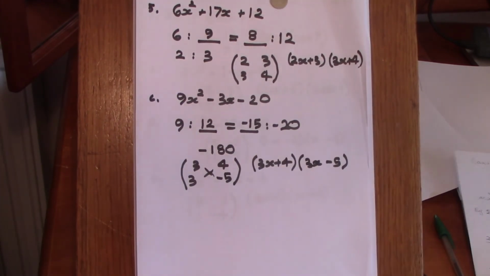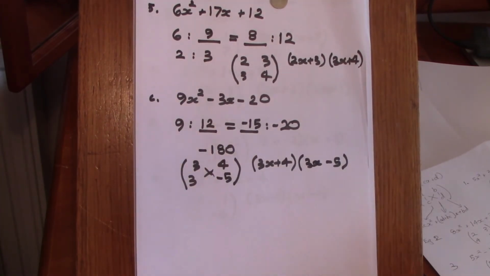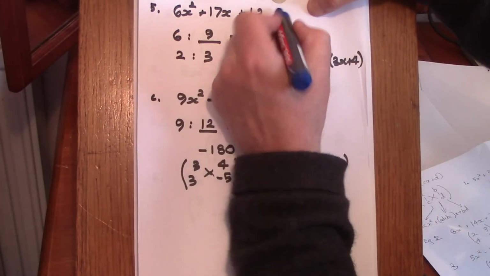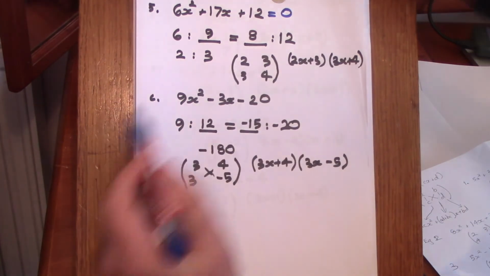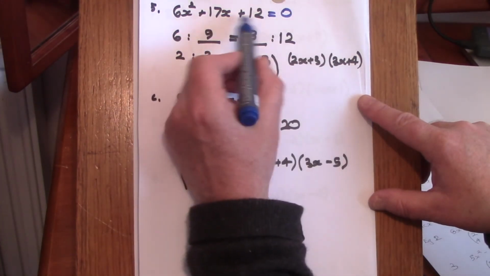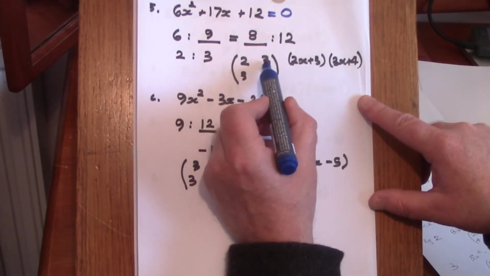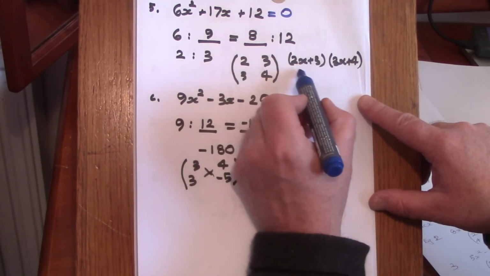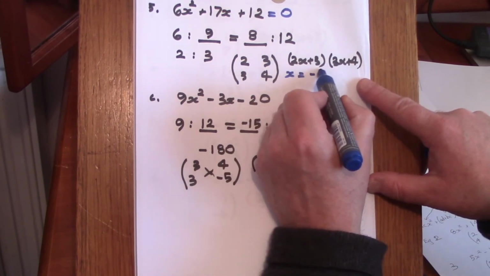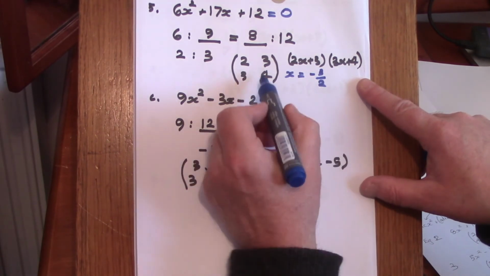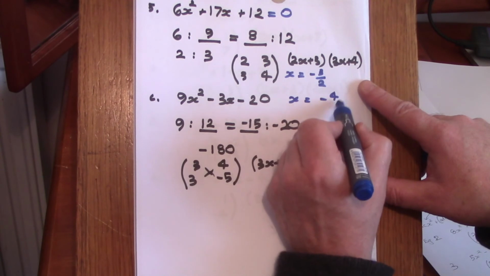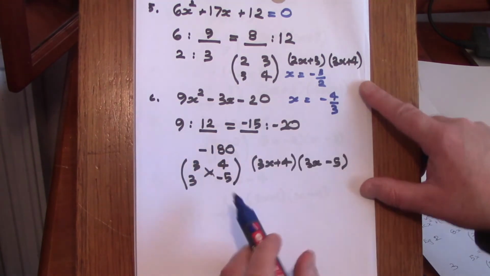So for example, in example 5, if we had 6x squared plus 7x plus 12 equals 0, once we've got the matrix, all we need to do to find the two values of x which satisfy this equation is to take these two numbers, one over the other, and change the sign, giving minus 3 over 2. And for the other answer, it will be x is equal to minus 4 over 3.